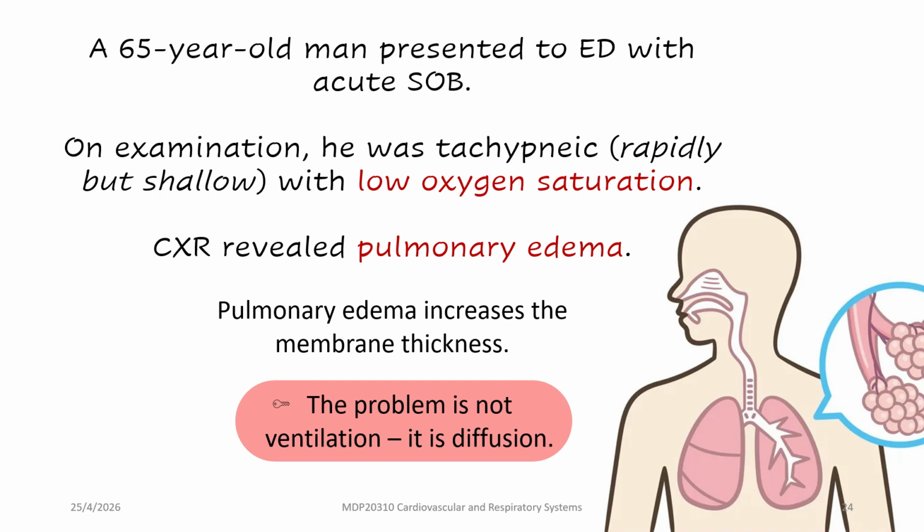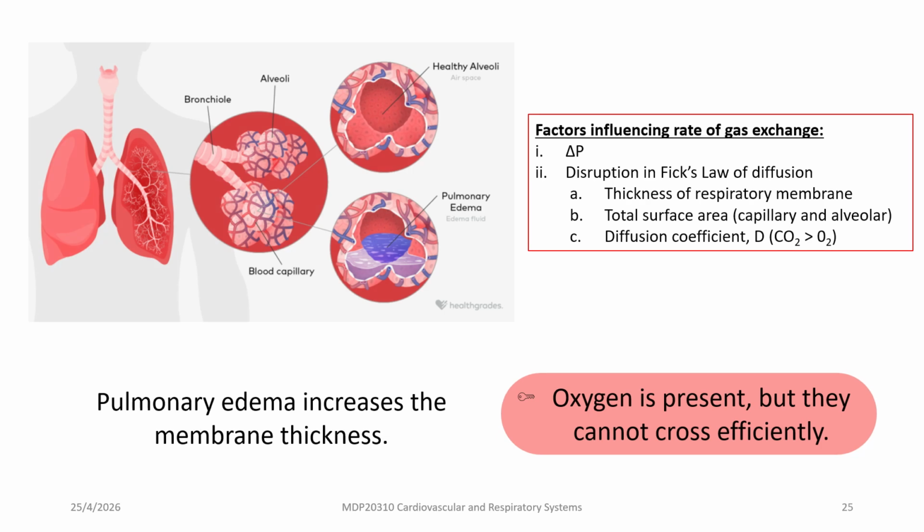Okay. So this diffusion depends on 4 main factors, based on Fick's law, as you have learned in blood flow as well. The first one is the partial pressure gradient. Second is the thickness of the respiratory membrane. Third will be the total surface area, both capillary and alveolar.